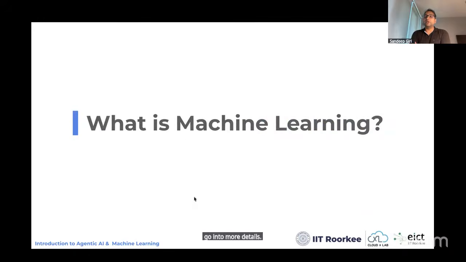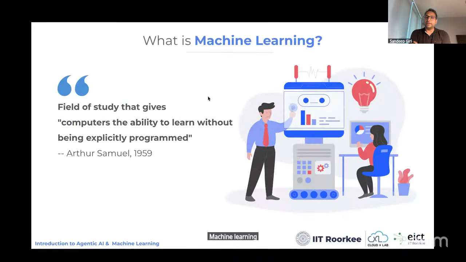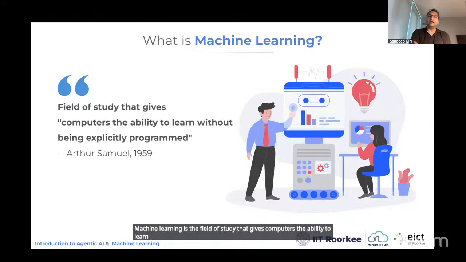Now, there is a term called machine learning, and it gets used very often. We would assume that you all know what machine learning is later, so I want to introduce what exactly it is. Machine learning is the field of study that gives computers the ability to learn without being explicitly programmed.